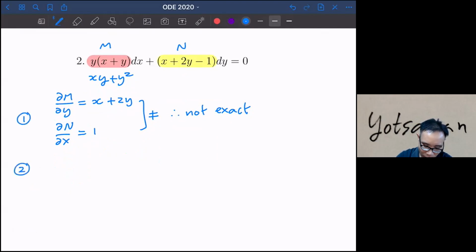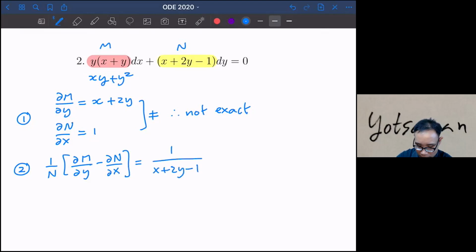The second step, you compute 1 over N times (dM/dy minus dN/dx). So it's gonna be 1 over (x plus 2y minus 1), and dM/dy turns out to be x plus 2y minus 1, and this guy turned out to be just 1.